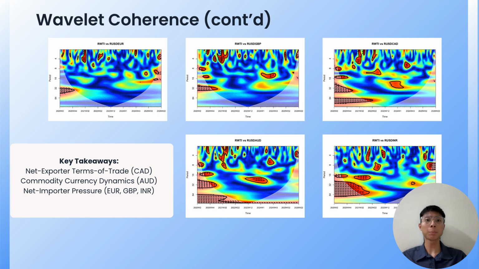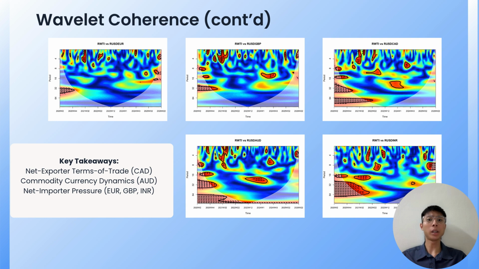Similarly, Australia displays strong positive in-phase co-movement during the post-2022 recovery windows, validating those commodity currency dynamics. And for net importers like the Eurozone, the UK, and India, a positive co-movement emerged during medium-term periods as higher oil import bills weighed heavily on domestic currency values.